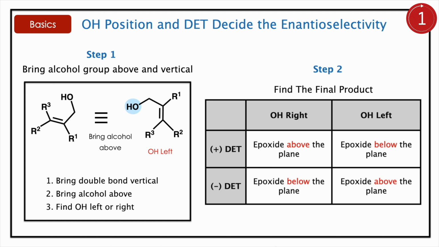So with plus DET, the OH decides the final product. Plus DET with OH on the right means epoxidation above the plane. OH on the left means epoxidation below the plane. In the minus case it is reversed: OH on the right means epoxidation below the plane, and OH on the left means epoxidation above the plane.